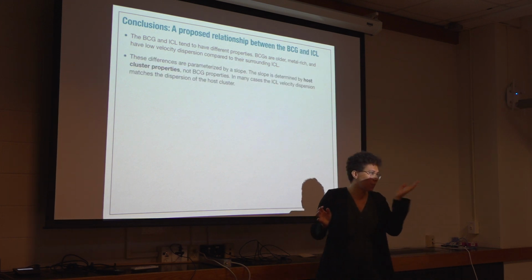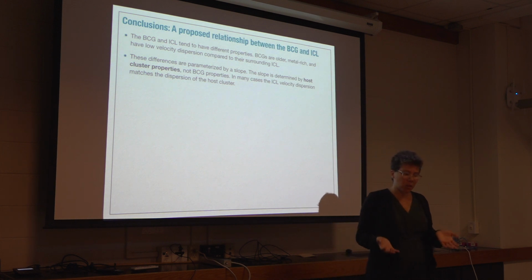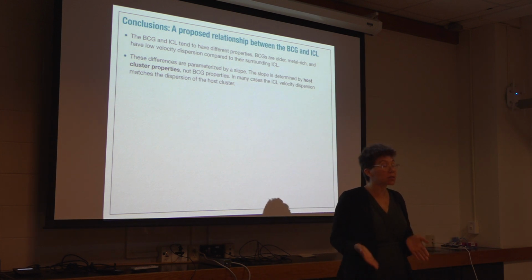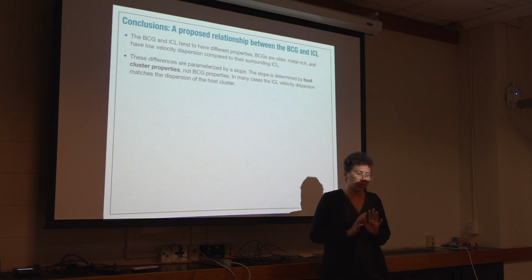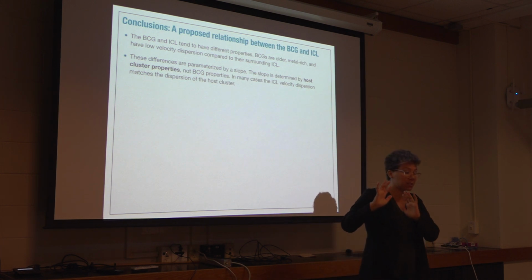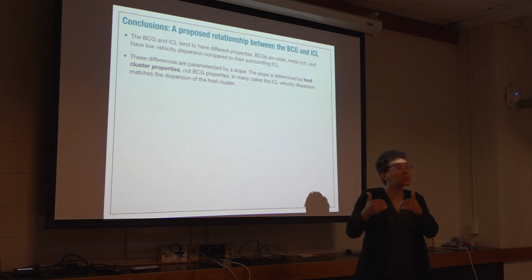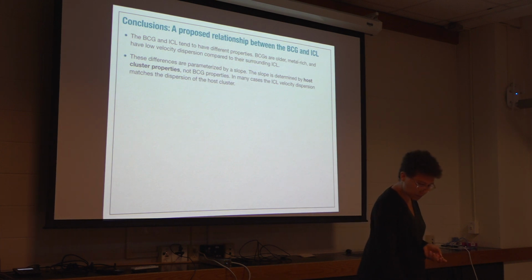These differences we parameterize with a slope, and this slope is determined by host cluster properties, not BCG properties. In many cases, the intercluster light velocity dispersion matches the dispersion of the host cluster, a really nice signature saying that these stars are part of the cluster. They're following the cluster potential.